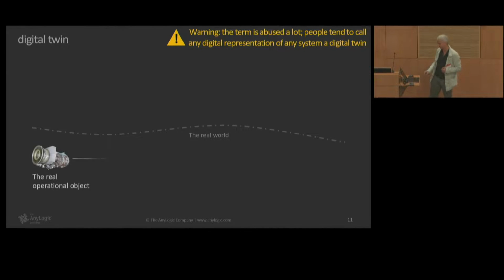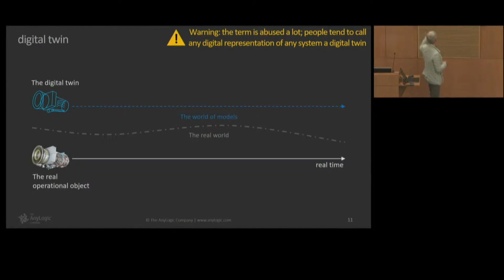So you have an object, an existing operational object that lives its life in the real world. Now, you have a simulation model of the object sitting there, and maybe most of the time doing nothing. Now, periodically, you take a snapshot of the real object state, and you feed it to the simulation model, and it synchronizes.